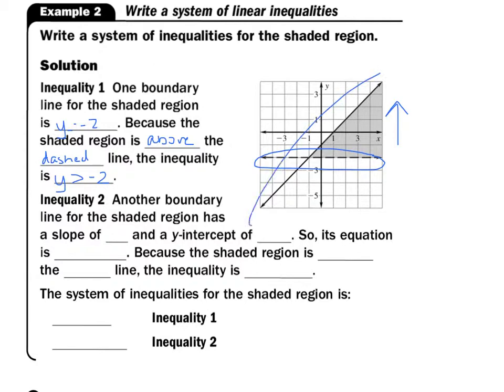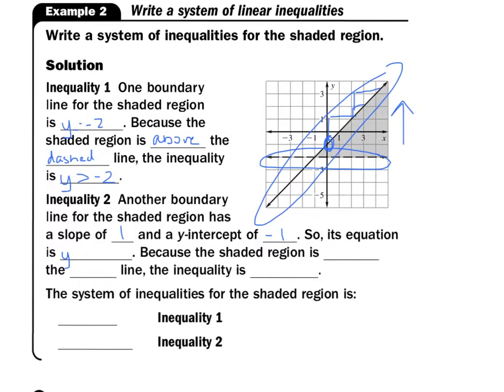Now let's look at inequality 2. This one has a slope of up 2 over 2, up 2 over 2, or you could think of it as up 1 over 1. It has a slope of 1. And it crosses the y-axis at -1. So the equation would be y equals x minus 1.